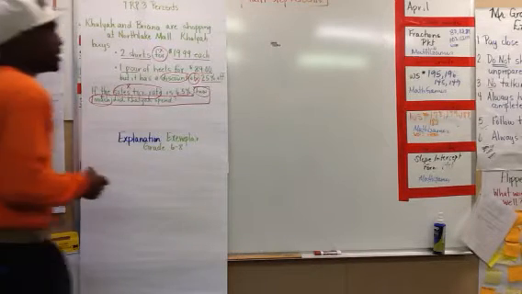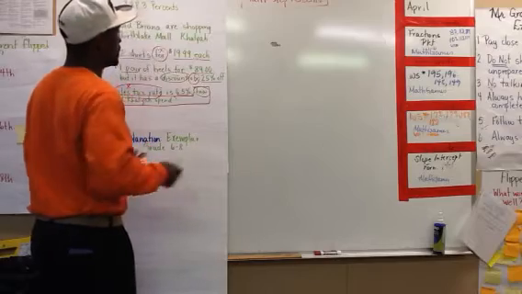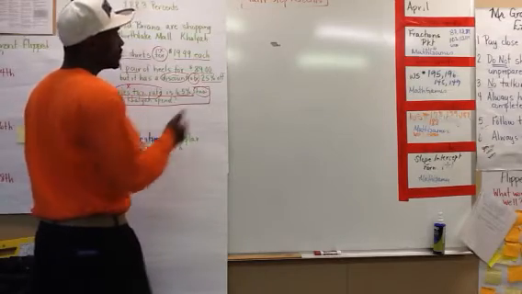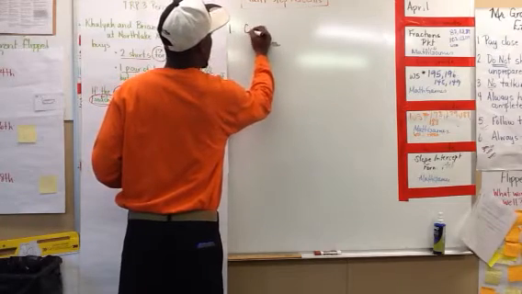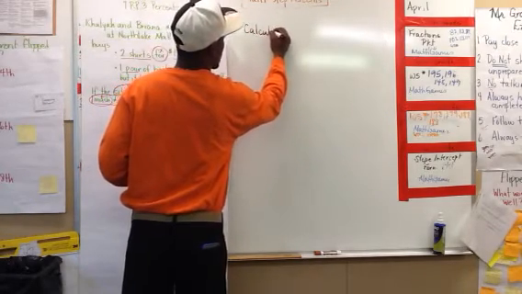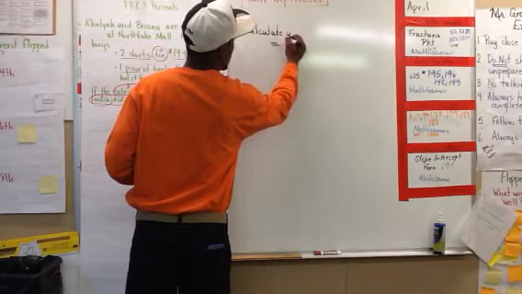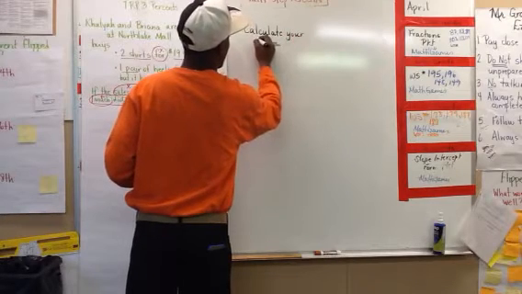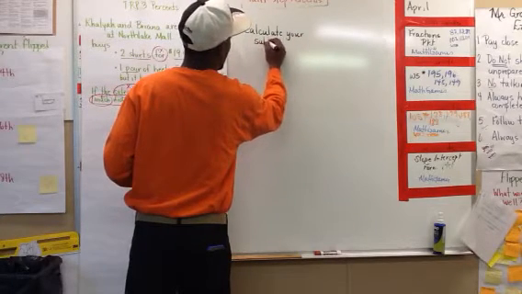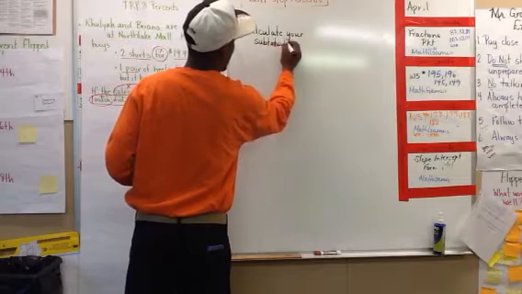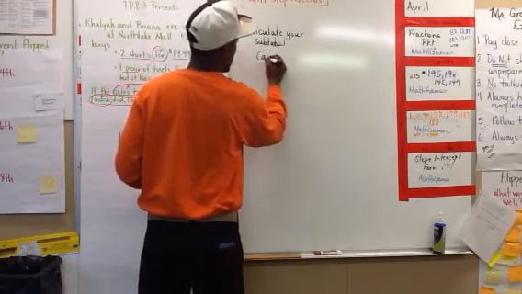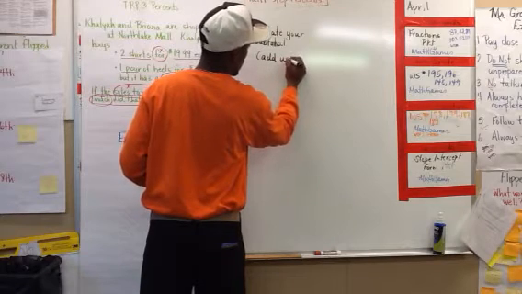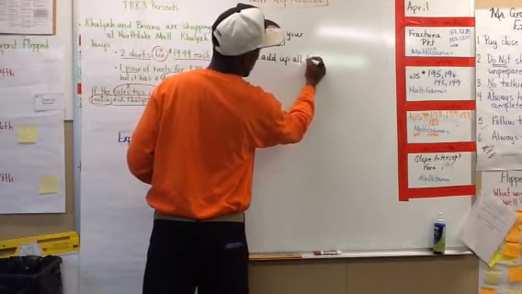So the first thing you need to do, or step 1, you need to calculate your subtotal. Now, this is going to require you to add up all the ticket prices.